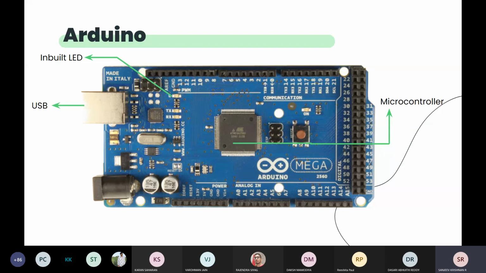A microcontroller is similar to a microprocessor, but it works in a less complicated way. The exact difference I'll tell you as we move further. So this is the microcontroller, the brain of Arduino, we can say. The code gets uploaded here and the computation happens here. Everything happens here. The control is from this place, this black space.